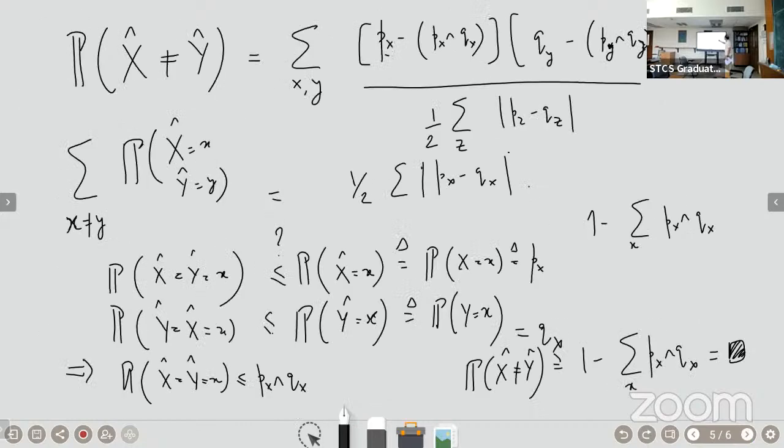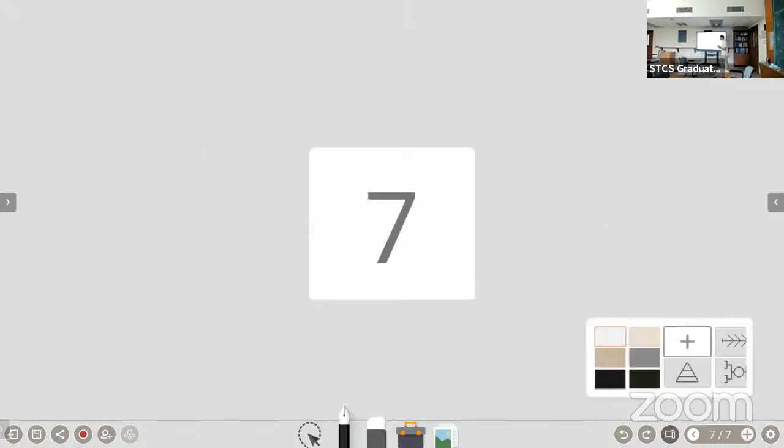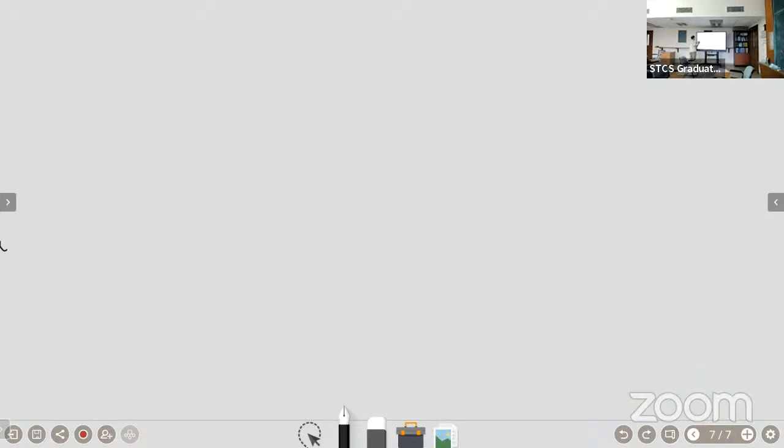Hope you remember. This was clear: when it is not equal to this, and it was equal with probability, we know that. So let's just try to do that. We had I as defined.